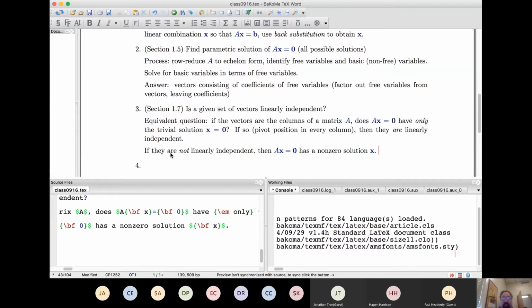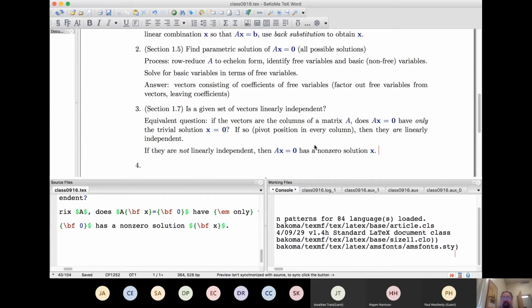What you could do is find such a linear combination, because when there's a non-zero solution, you have at least one free variable.